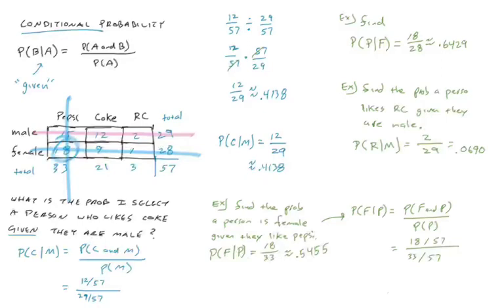And then in the denominator, that they like Pepsi in this case is going to be the 33 for those guys. And so that ends up giving us 18 out of 33 in this case here.